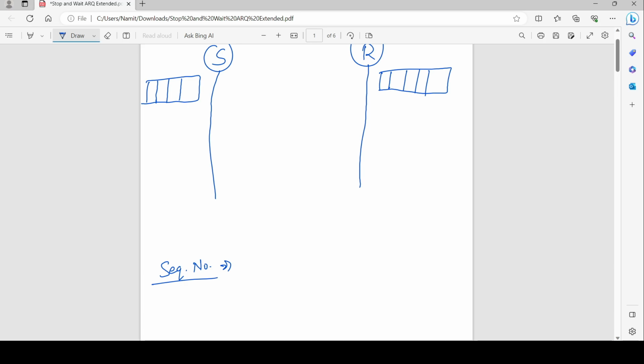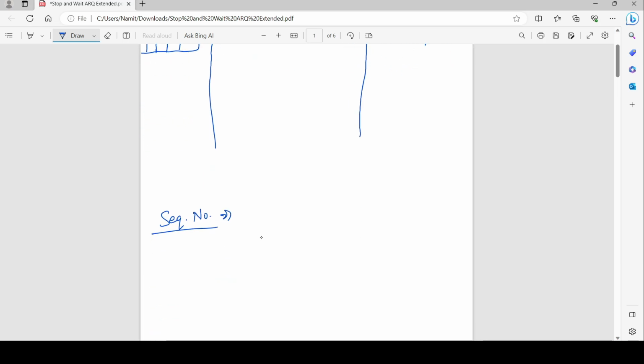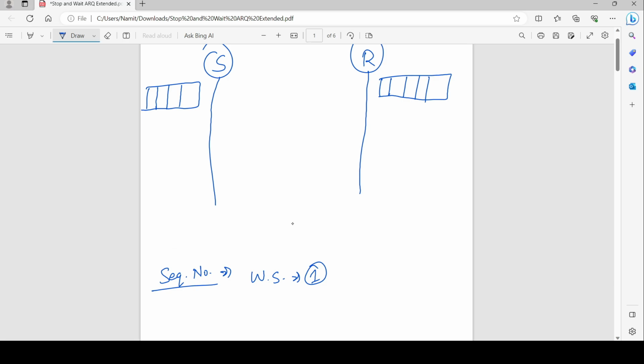When we talk about stop and wait ARQ, the window size for sender and receiver is equal to 1. I hope you remember this. Let's say this bit is 0 and this bit is 1. This is the sequence number that I have. So let's keep it 0 and 1. I am not going to enter the rest of the data for the time being.